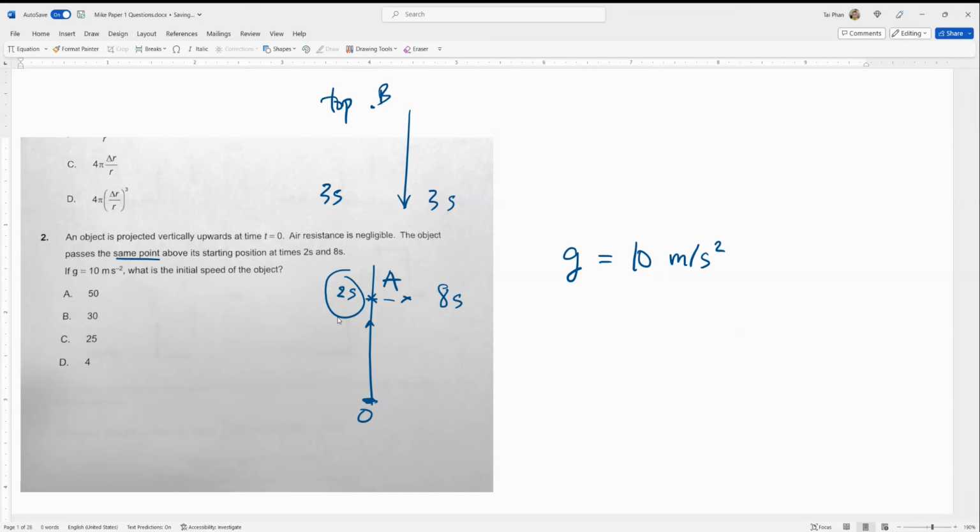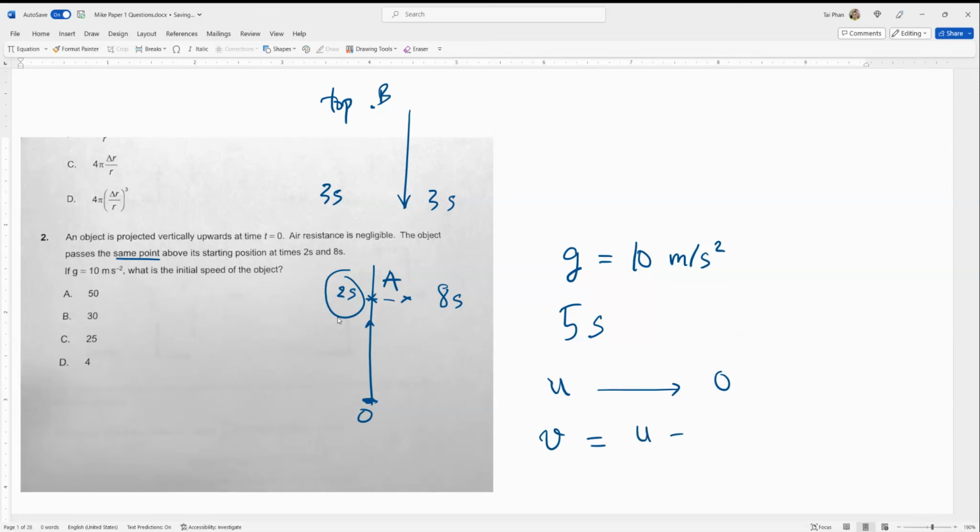And so we know that the total time of this object going from the starting point to the top is 5 seconds. So the initial velocity u decreases to zero in 5 seconds. And we have the formula, you can check topic 2.1, the formula in the booklet.